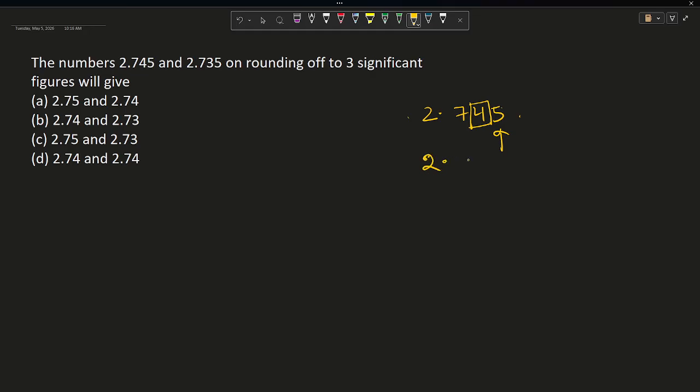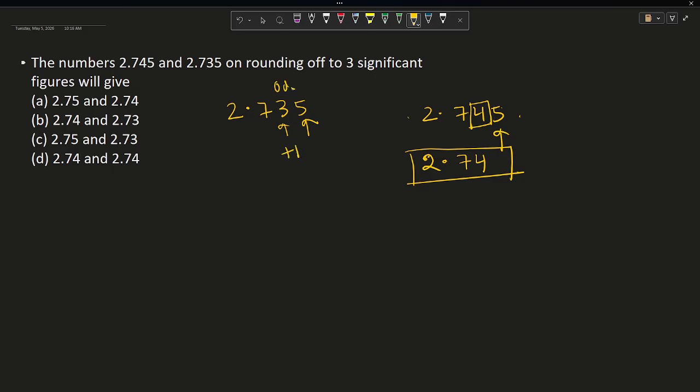So finally the answer will be 2.74, and this number is 2.735. This one is also 5, the last digit is 5, but the digit before 5 is odd, so it will increase by 1.